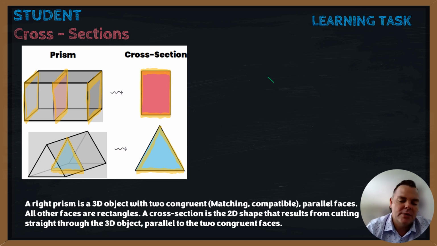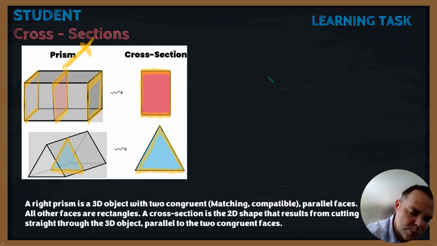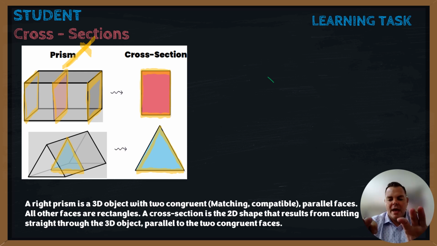So when I cut through this part here, I use my knife, I'll use a little sword, and I cut through there. If I was to open that shape up like this, it would give me this. This is the cross section that I would see. It's another way that we can identify our prisms via their cross sections. So that's just giving you a bit more understanding with that one.